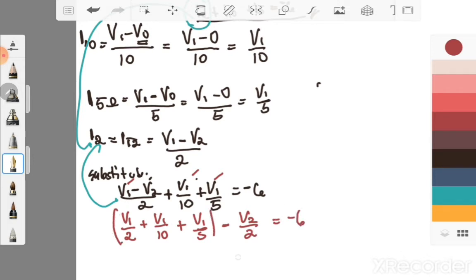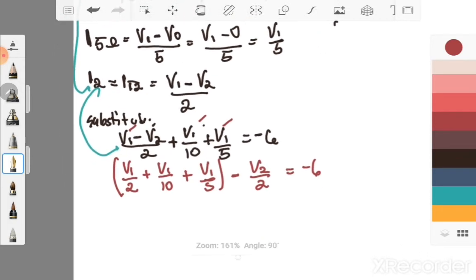Yan. Okay? Factoring out your V1, we have V1 multiplied by your 1 half plus 1 over 10 plus 1 over 5.